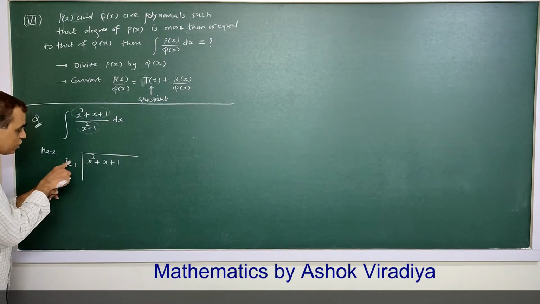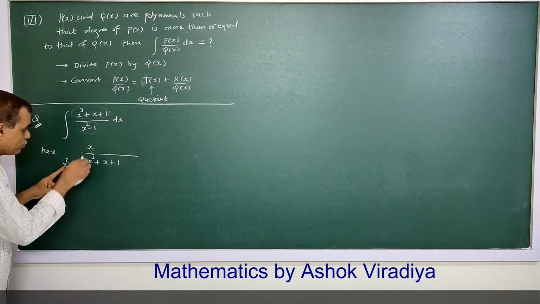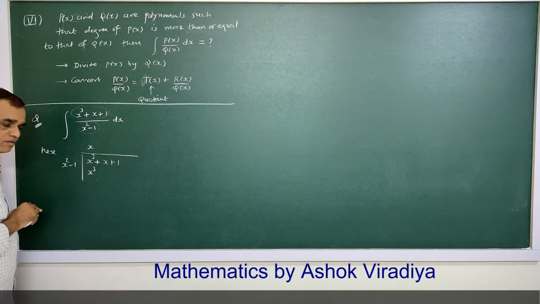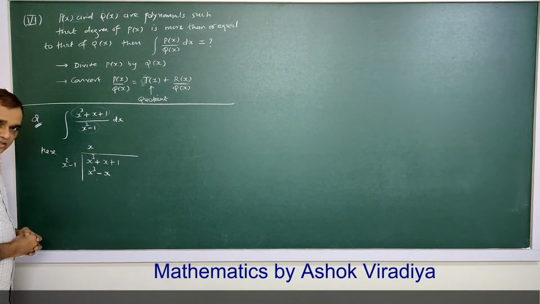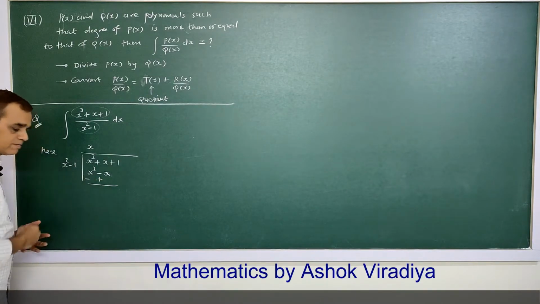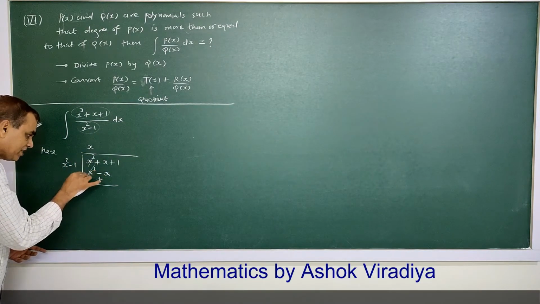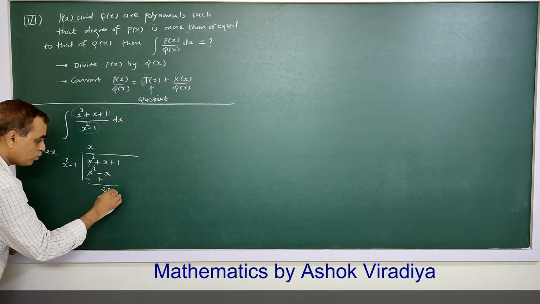So to have x cube, this should be multiplied by x. So x square into x is x cube. So minus 1 into x is minus x. Then we take subtraction, minus plus. This will be cancelled. Plus x is plus 2x, plus 1 comes.